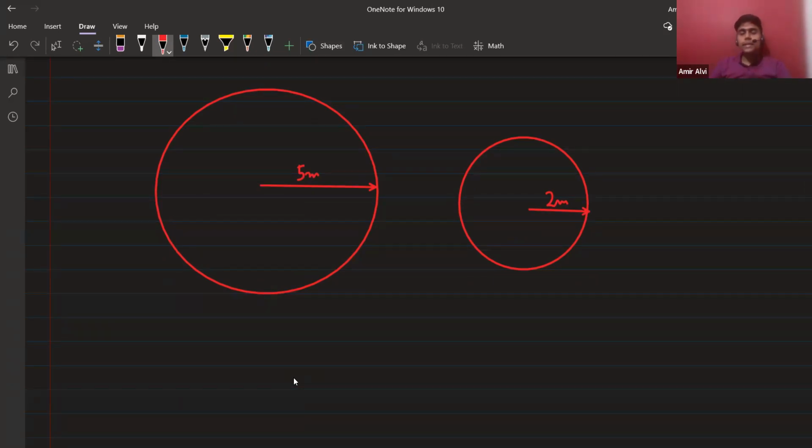Similarity can be there in any figure: triangles, rectangle, circle, polygon, trapezium, anything. Similarity only says that the shape is the same. Suppose I'm a human, you all are human. The similarity is that we are humans. Yes or no? Yes, sir.